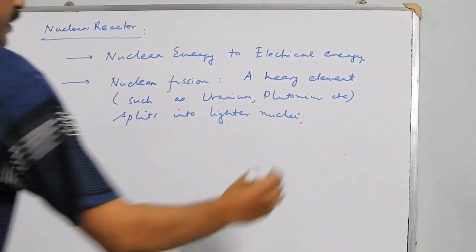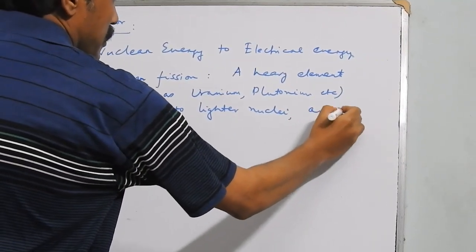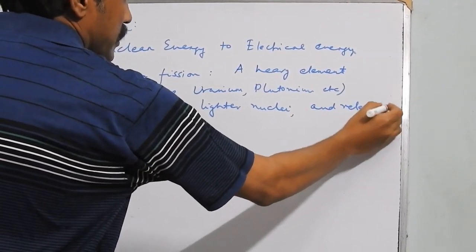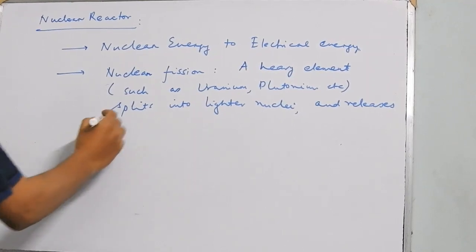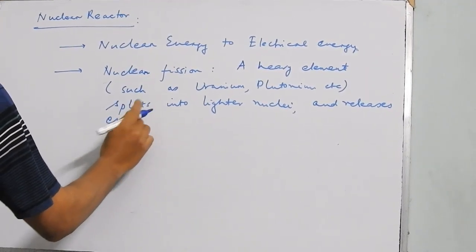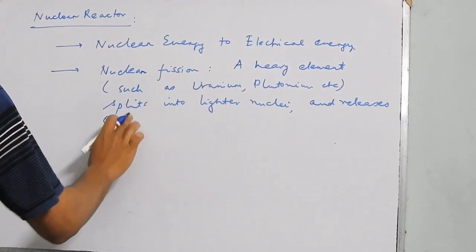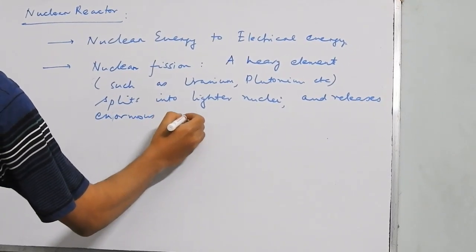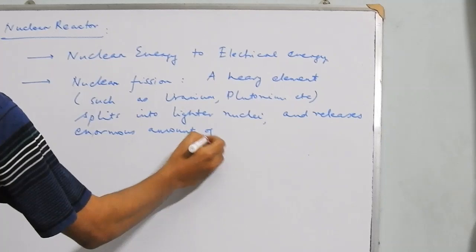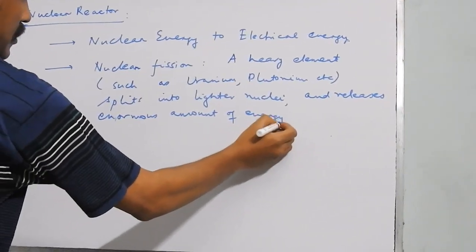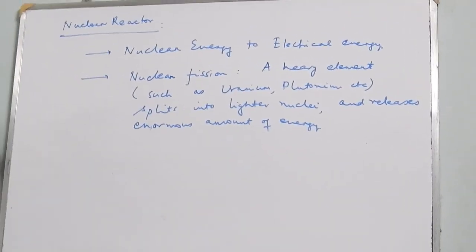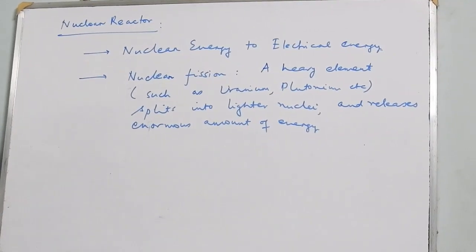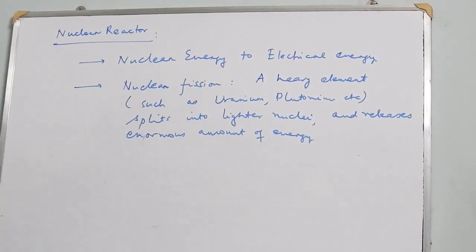And energy is released in this process. It releases an enormous amount of energy. So nuclear fission is the process by which nuclear energy can be converted into electrical energy.